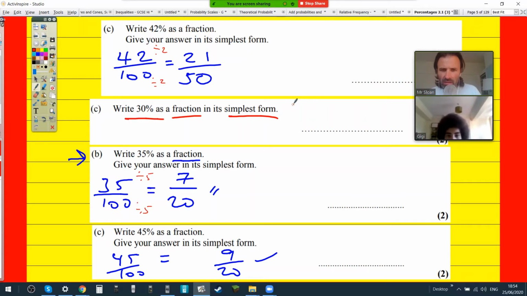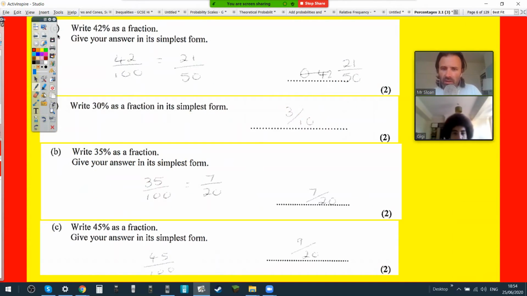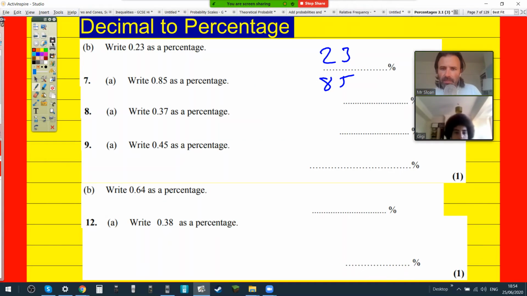Even simpler. You can divide them both by 10 from the beginning. Three out of 10. 3 over 10, yep. 15 over 50 and then 3 over 10, whichever way you do it. What is the last one?